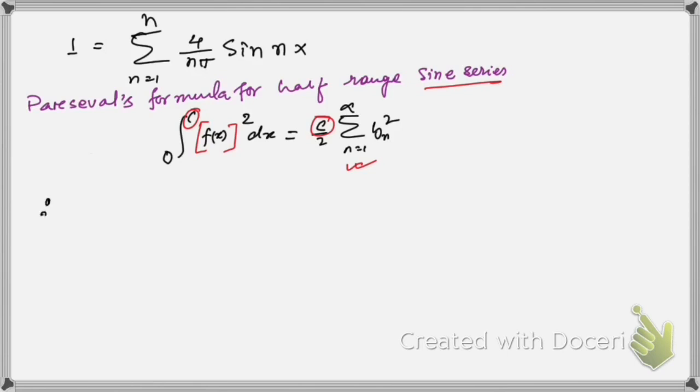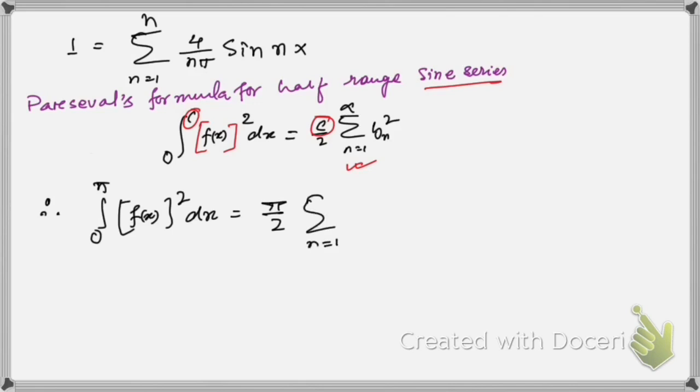Therefore, integral from 0 to pi of f of x whole square dx is equal to pi by 2 summation n is equal to 1 to infinity, and the value of b_n we have got is 4 by n pi whole square. That's what we have got, right?